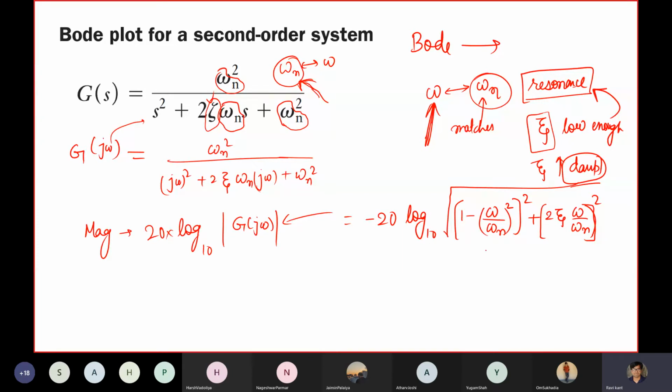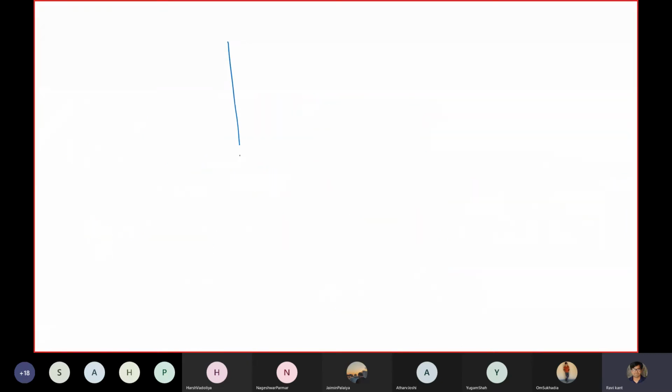Here also, let's talk about two cases. When ω is small, let's go here. So let's suppose this is 0.1, 1, 10, 100, 1000.